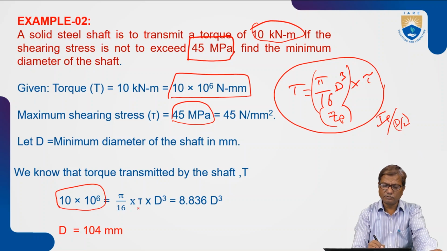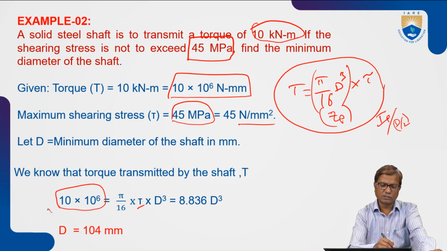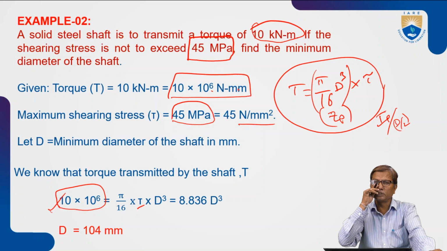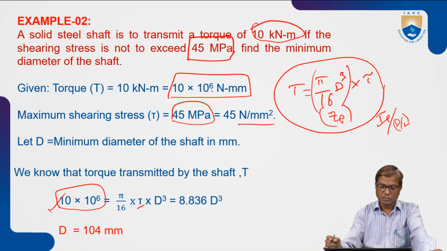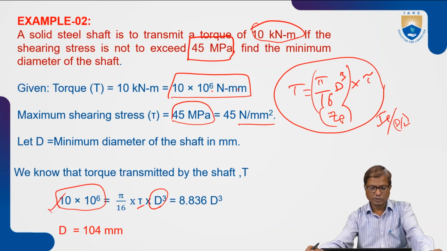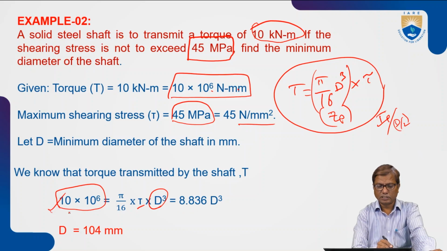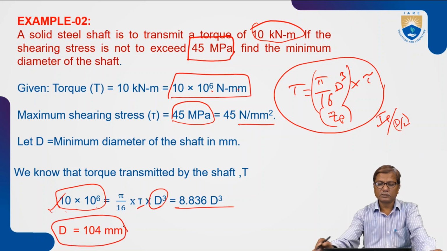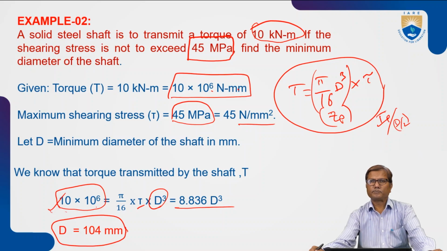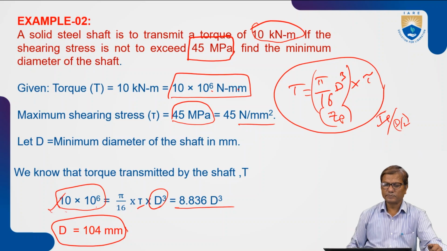Here tau is in megapascals, Newton per mm square, so we use consistent units and you will get the diameter in millimeters. So you get 10 power 7 equal to 8.836 d cube, from which the diameter required is obtained as 104 millimeters.